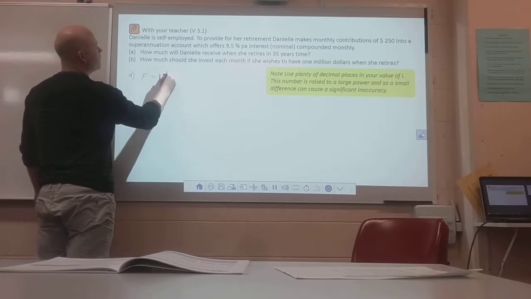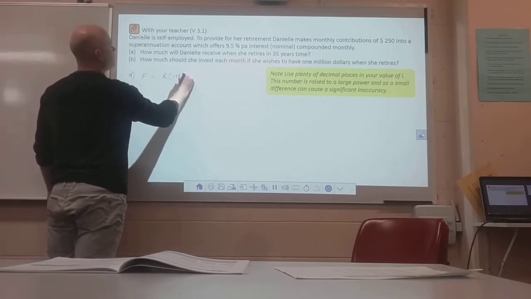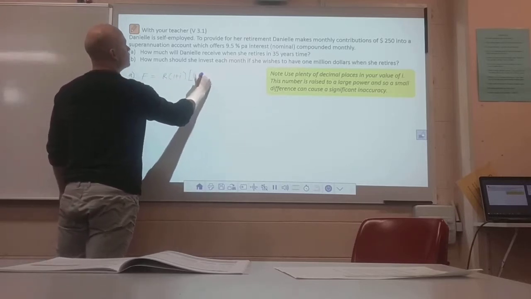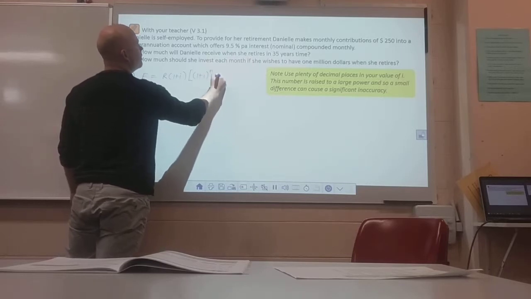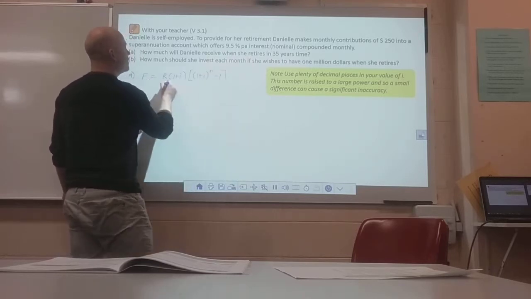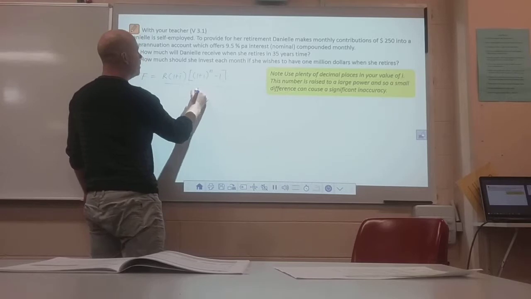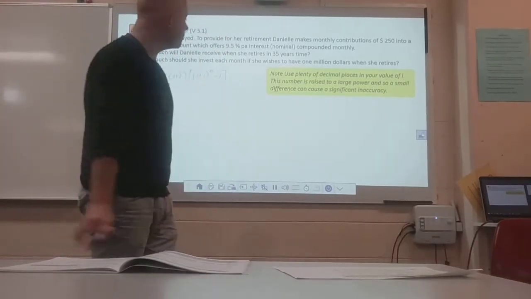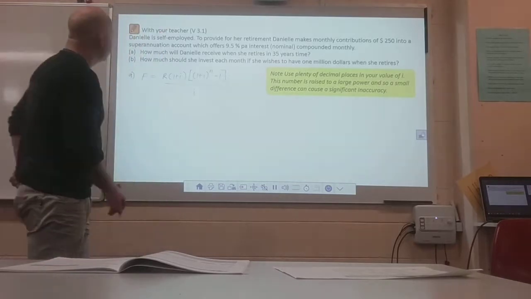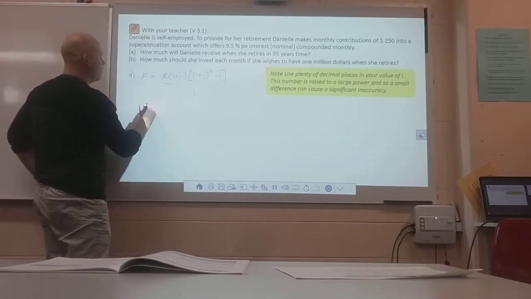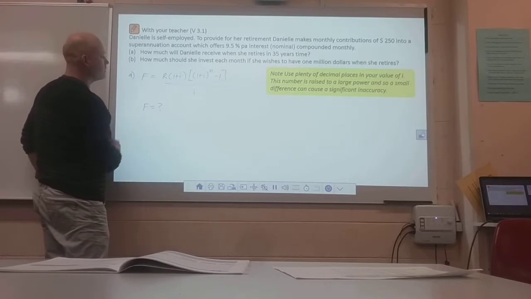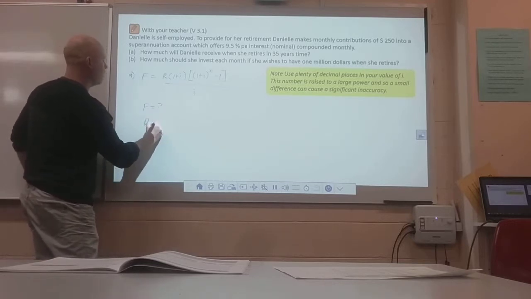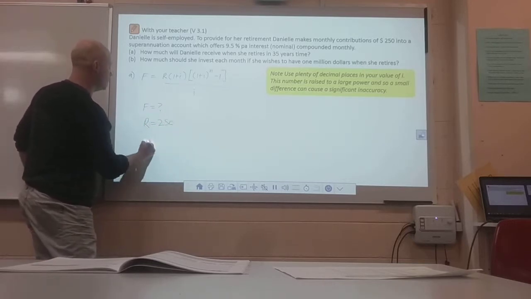So this is the formula. It is big and scary looking, but it's actually not that difficult to use. I suppose the tricky part is putting it into the calculator afterwards, so we'll practice that. So let's see, we want to know what is our F value. That's what we're trying to find, the final value. A regular payment, $250.